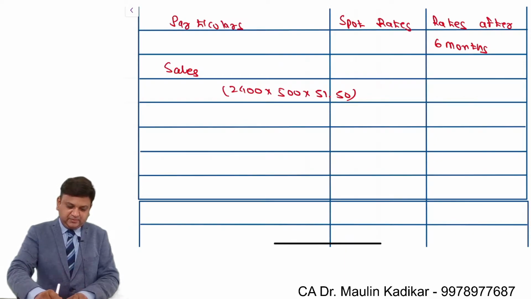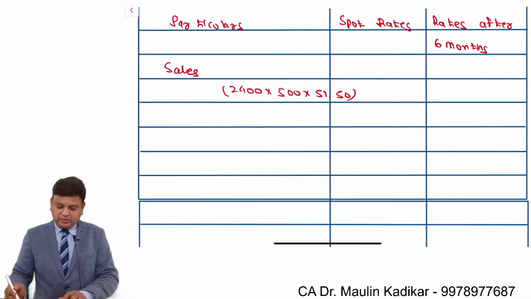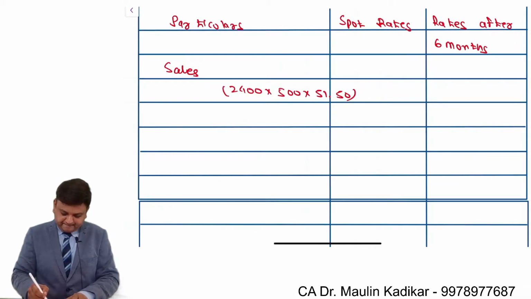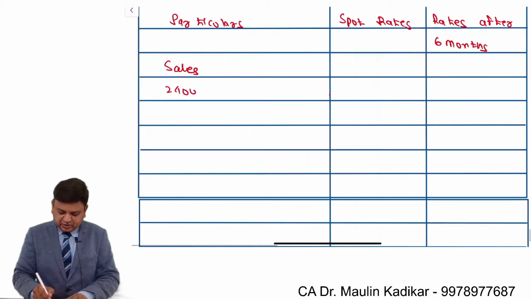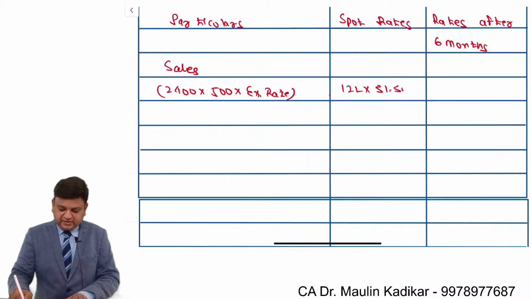2400 into 500, that comes to 12 lakhs, multiplied with the exchange rate. So in that case it is 12 lakhs into 51.50.